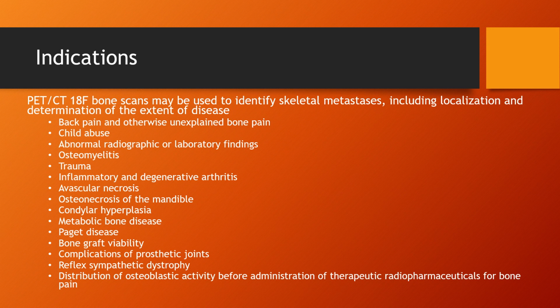child abuse, abnormal radiographic or laboratory findings, osteomyelitis, trauma, inflammatory and degenerative arthritis, avascular necrosis, osteonecrosis of the mandible, condylar hyperplasia, metabolic bone disease, Paget's disease, bone graft viability, complications of prosthetic joints, or any kind of application of hardware, reflex sympathetic dystrophy or RSD, and distribution of osteoblastic activity before administration of therapeutic radiopharmaceuticals for bone pain.